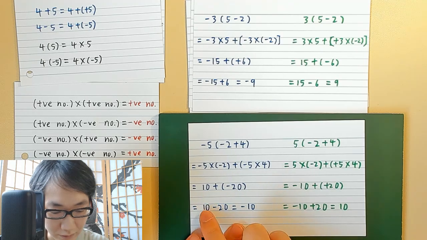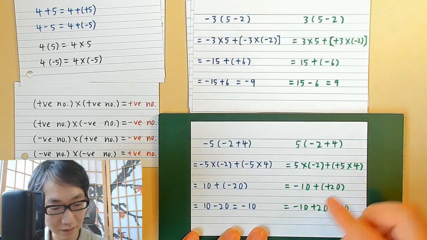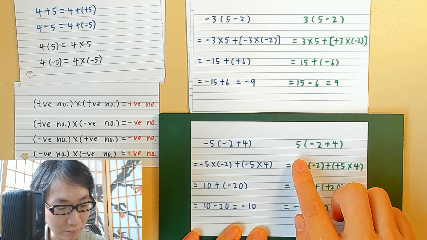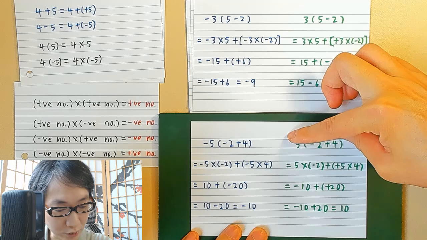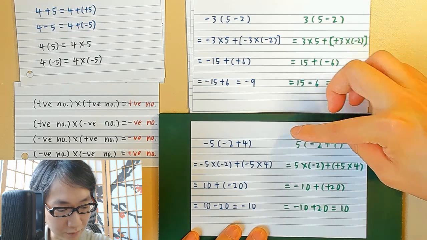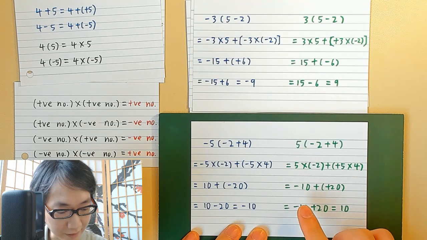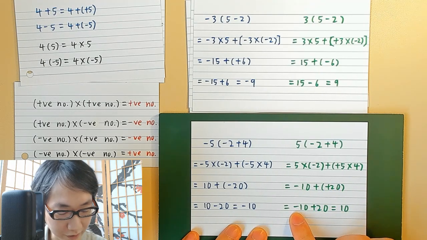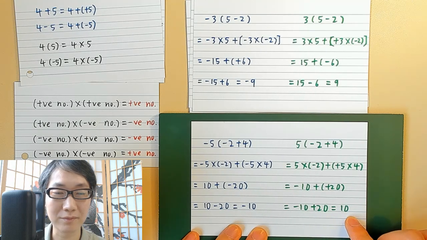The plus sign does nothing, so positive 10, negative 20, we have negative 10. Similarly, first term 5 times negative 2, negative 10. Second term positive 5 times positive 4, positive 20. Add them together, negative 10 plus 20, this is positive 10.